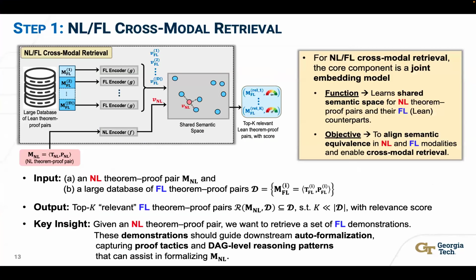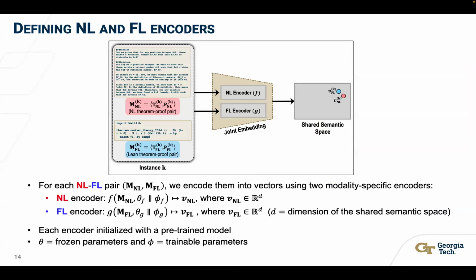Okay. So now the key idea is across. So now what we are doing is, as I said, now it's details of how we actually train these models, right? So the joint embedding is a model that we trained for NL-FL cross-modal retrieval. And it learns this shared semantic space of NL and FL theorems. And as I mentioned earlier, we want to align the semantic equivalence.